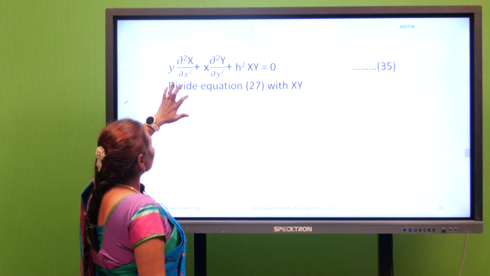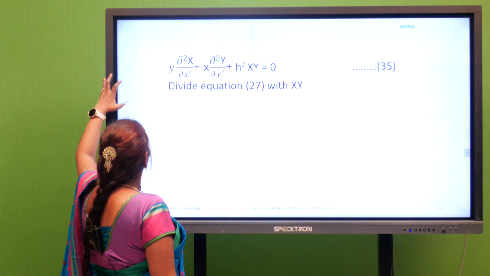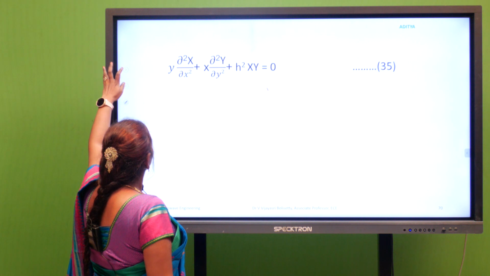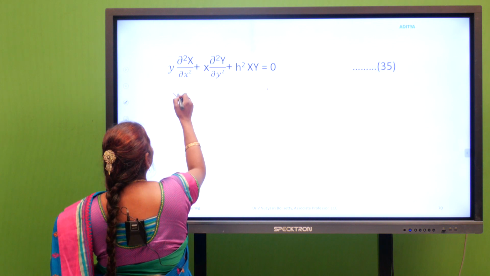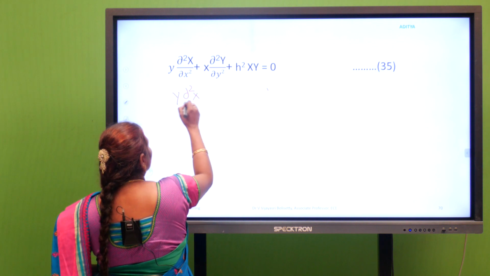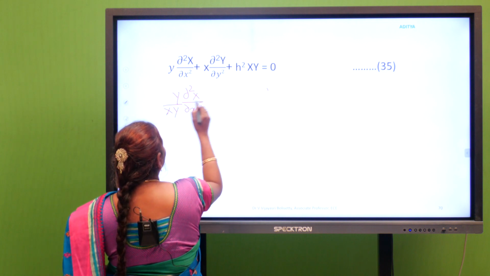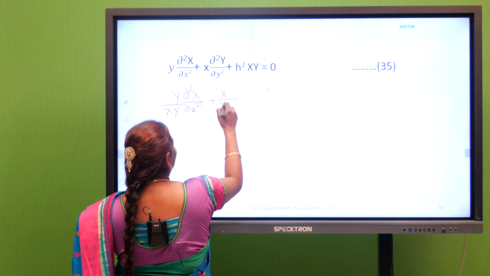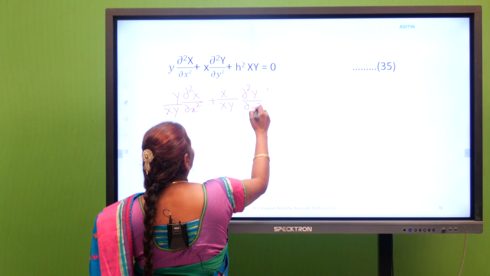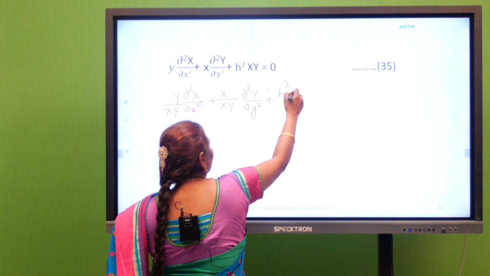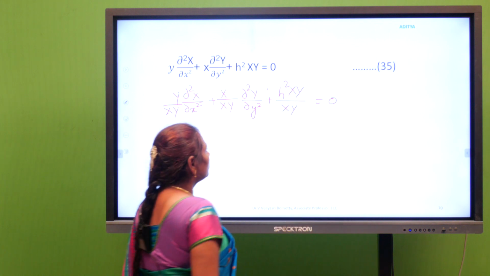Dividing by XY, Y ∂²X/∂x² over XY plus X ∂²Y/∂y² over XY plus h²XY over XY is equal to 0.